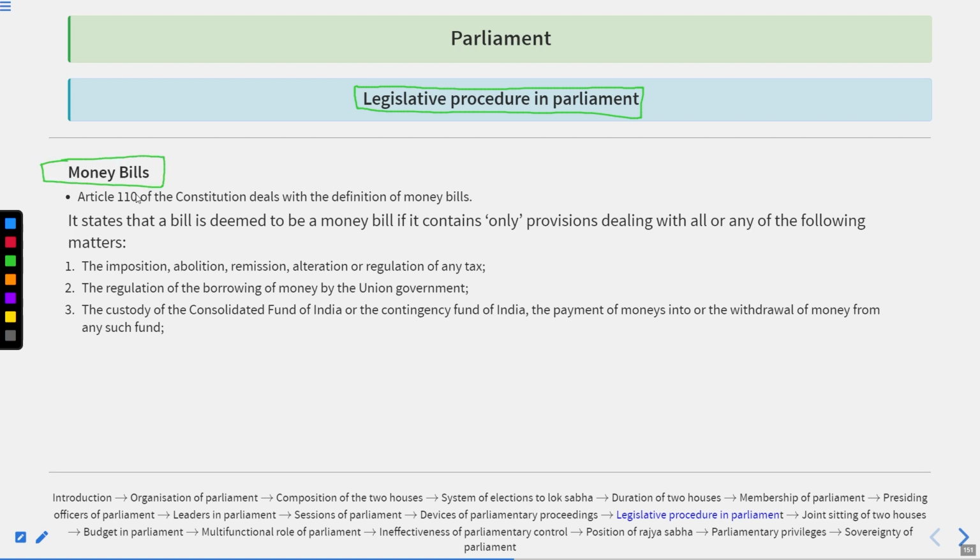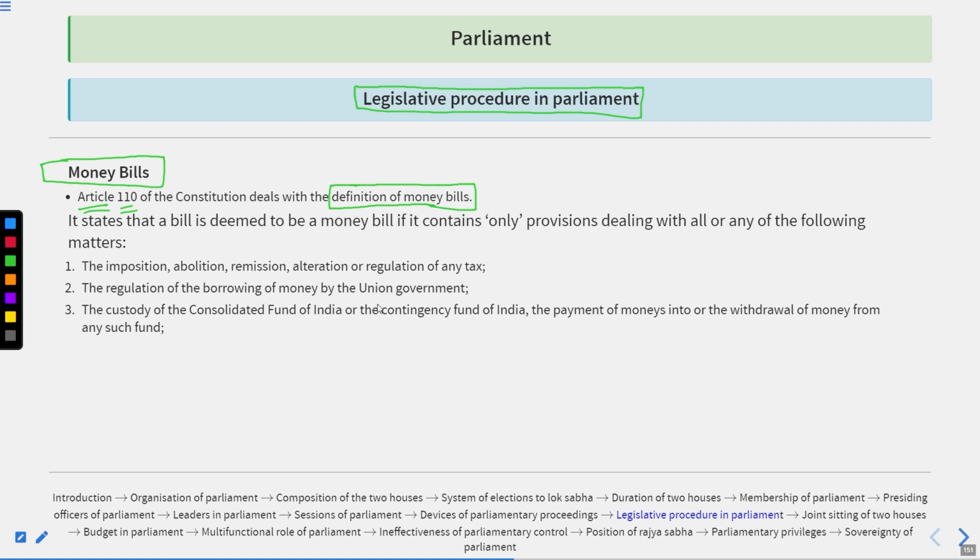If we're talking about the money bill, the first important thing we need to handle is that Article 110 of the Constitution deals with the basic definition of money bill. There are various kinds of bills in parliament, and the main ones are four.